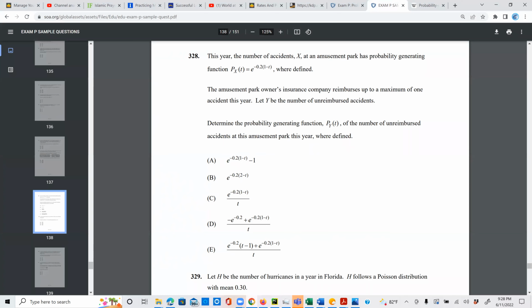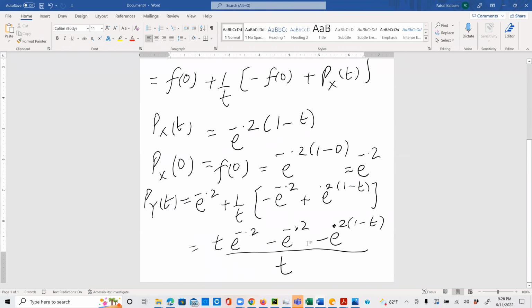So let's do the same there. In the first two terms, you can factor out an e to the negative 0.2. You get t minus 1. So that takes care of the first two terms, and then the last term is minus e to the negative 0.2, 1 minus t, and we had all over t. And that, I think, was choice E.